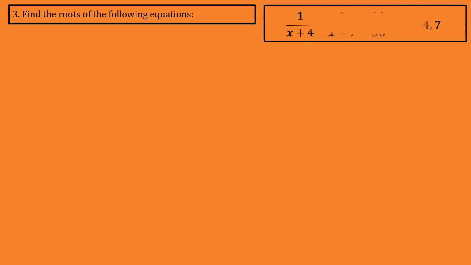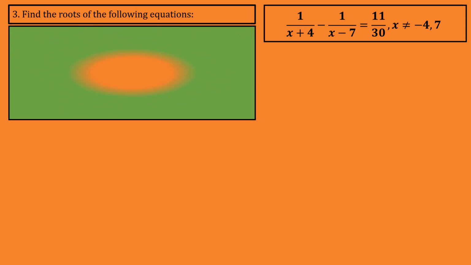This is a bit complex. First of all, we'll simplify it to get the quadratic equation. Now see, (x plus 4)(x minus 7) is our LCM. One is cross multiplied, one is multiplied by x minus 7, and this one by x plus 4, equal to 11 by 30.